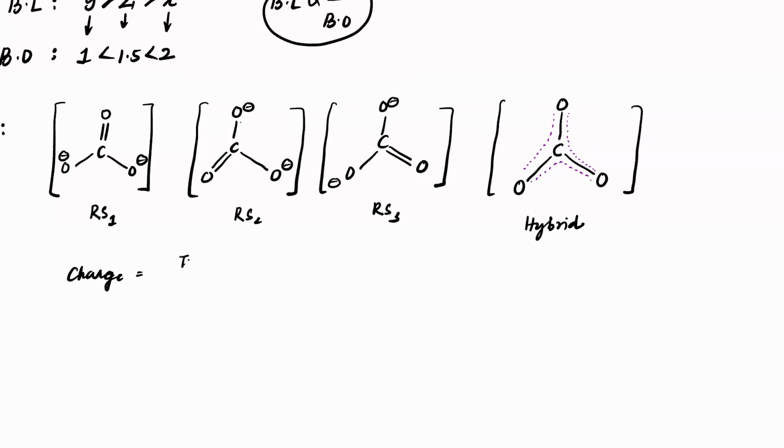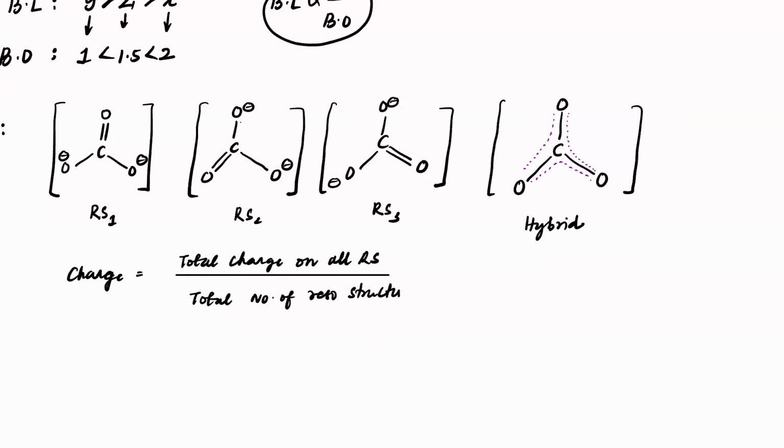The charge will be equal to the total charge on all resonating structures divided by the total number of resonating structures. So this will be the charge on the hybrid.